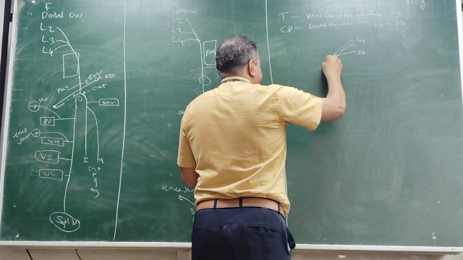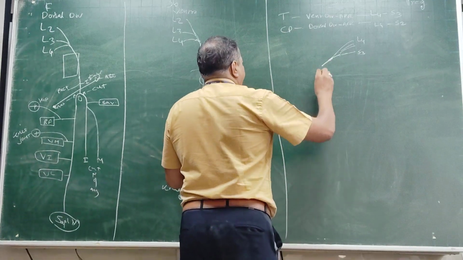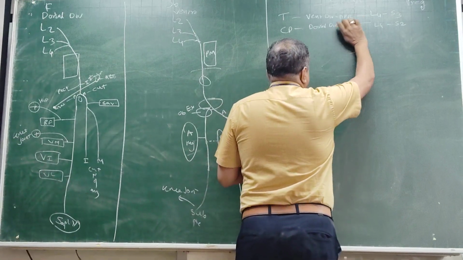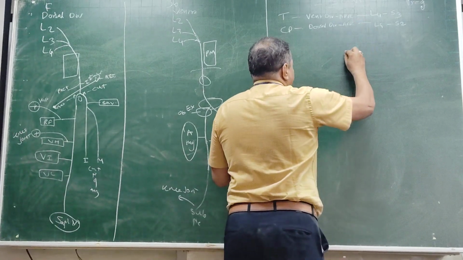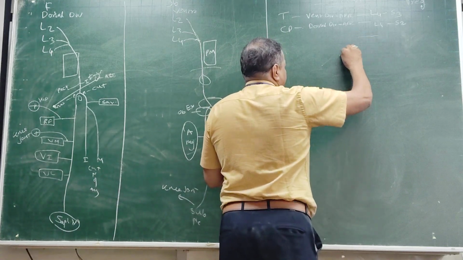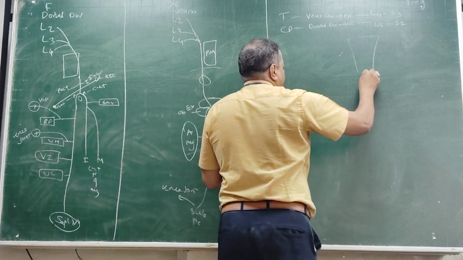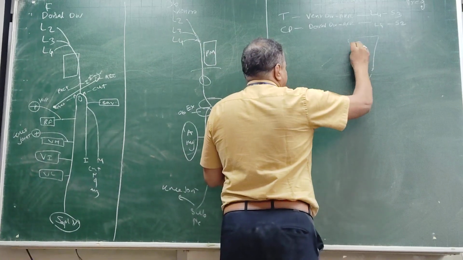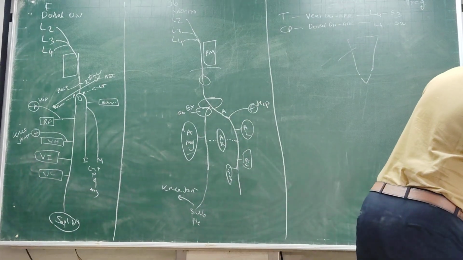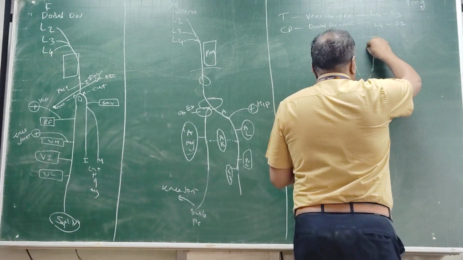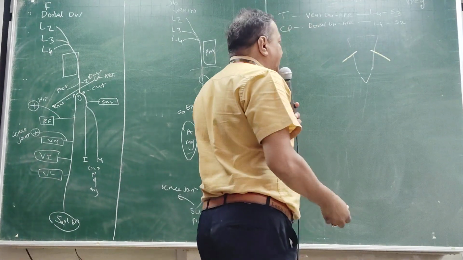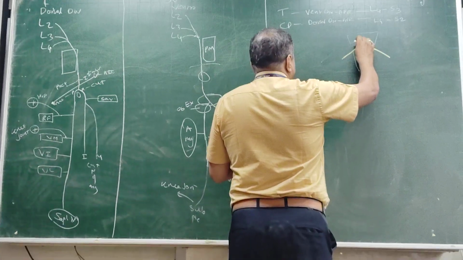The sciatic nerve is formed, and when it passes in front of the sacrum, at that time it is anterior to the piriformis muscle.